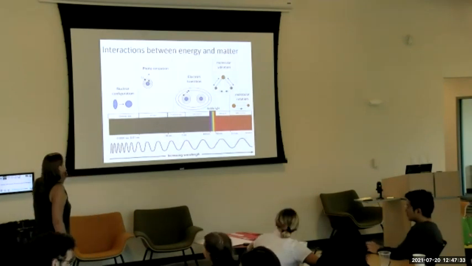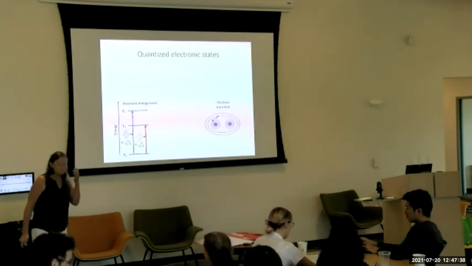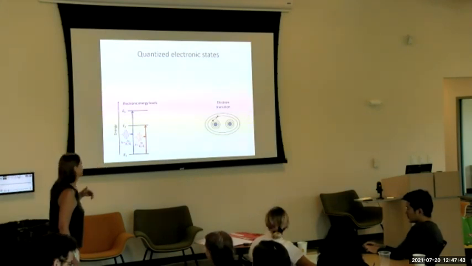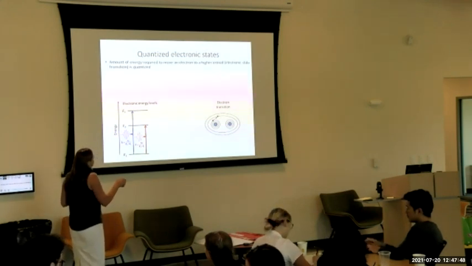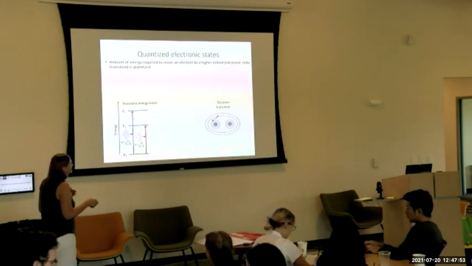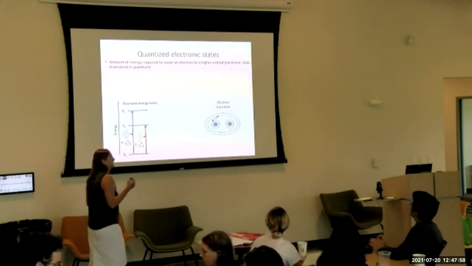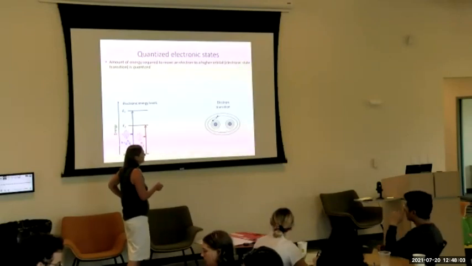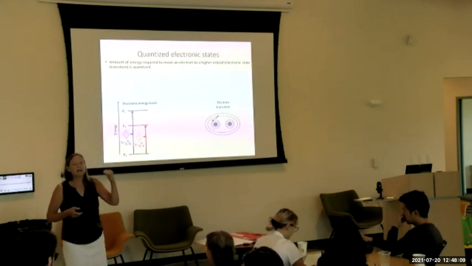Okay. So the energy that it takes to do these electronic state transitions, that energy is quantized. And so if you're going to move an electron to a higher orbital, depending upon the molecular structure, depending upon the orbital shapes, the electrons, et cetera, there's only a specific amount of energy that will do that.